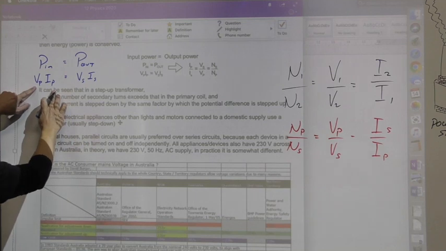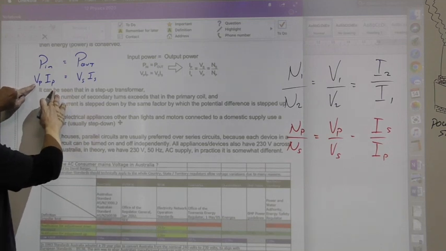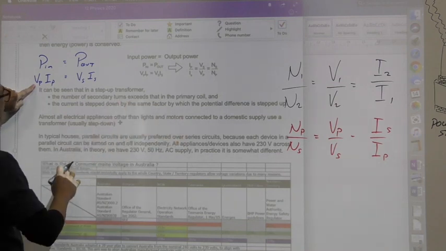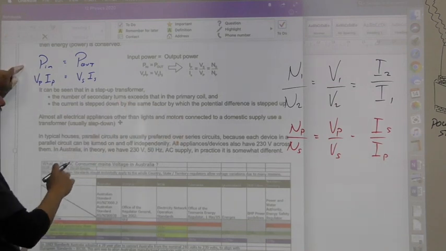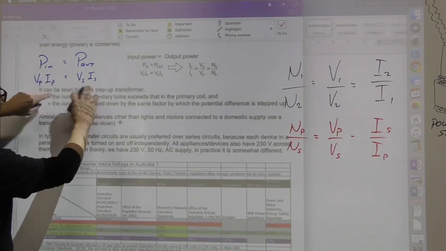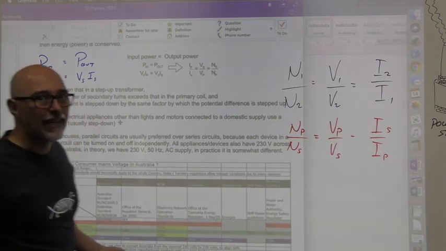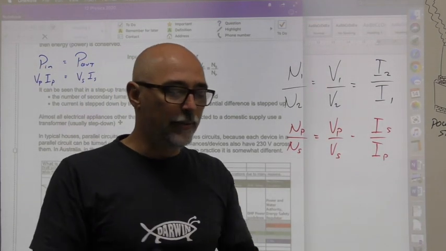So what I'm getting at is if the voltage is low and the current is high, and then you run it through your transformer and the voltage goes really high and the current goes really low, the products should still be the same in an ideal transformer.